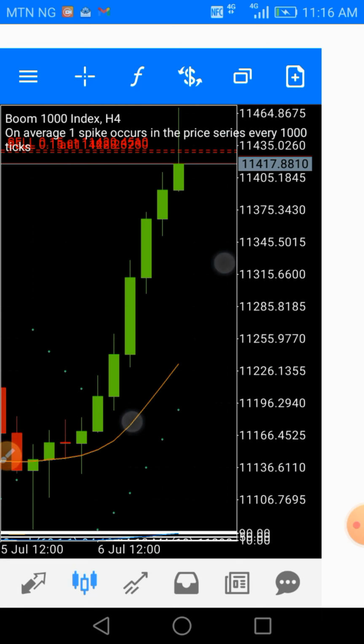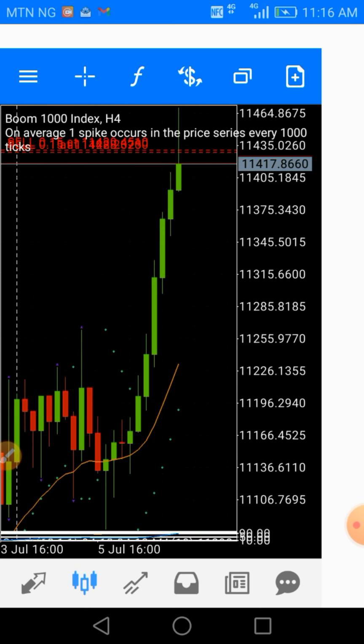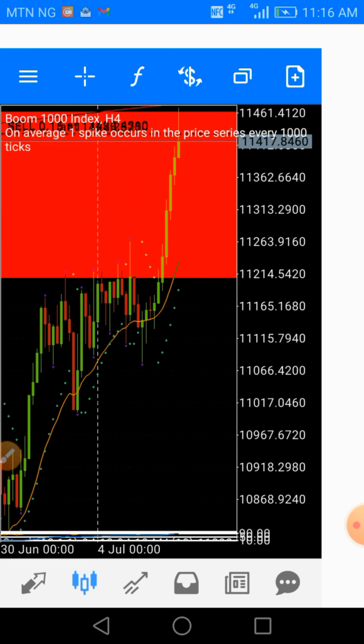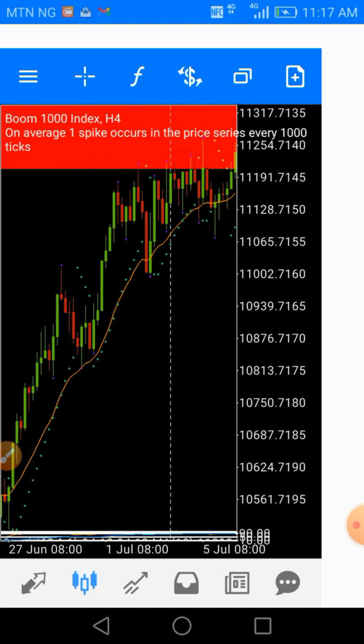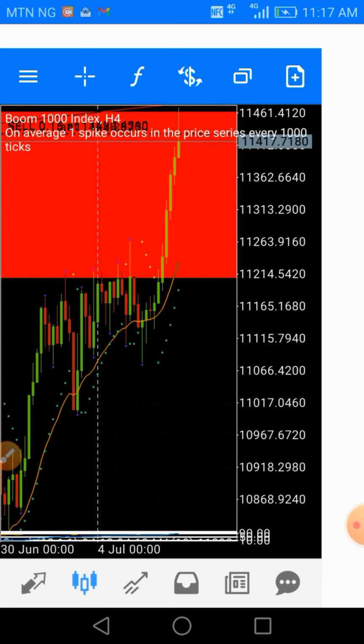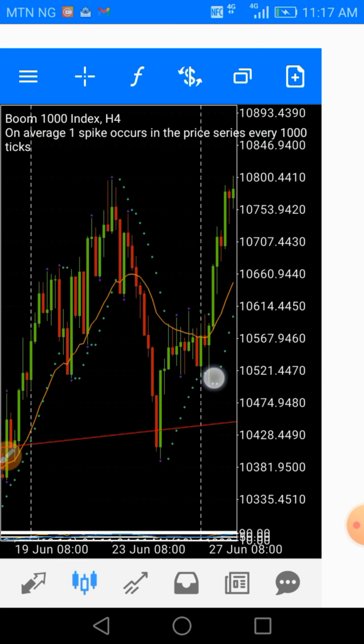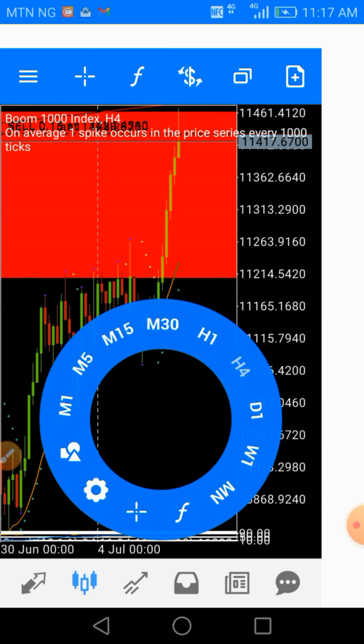Now if you look at the 4-hour time frame, you will see a candlestick that is pushing down, forming a very long wick. This very long wick is signifying price rejection. Of course, this candle must close with a very long wick. The long wick is a pointer to the fact that price would be rejected around that period.